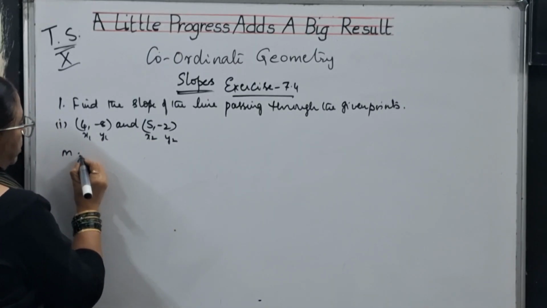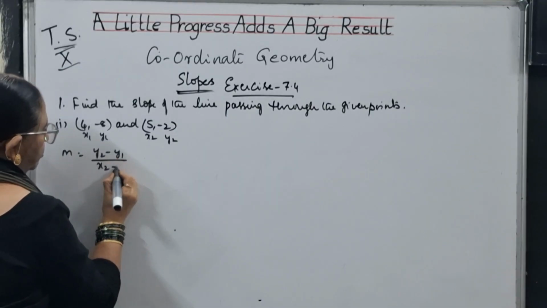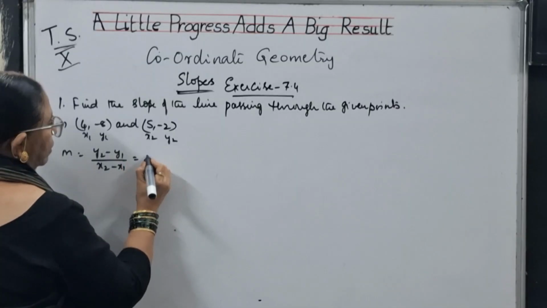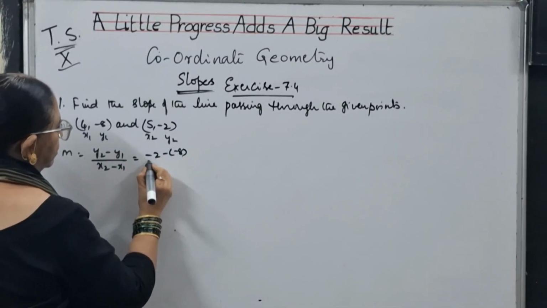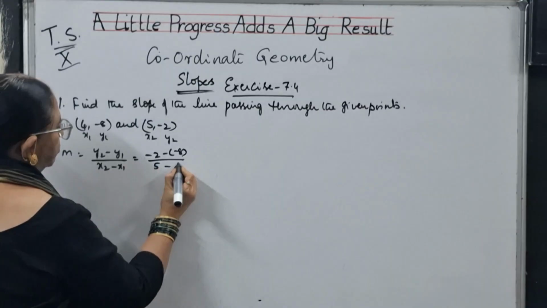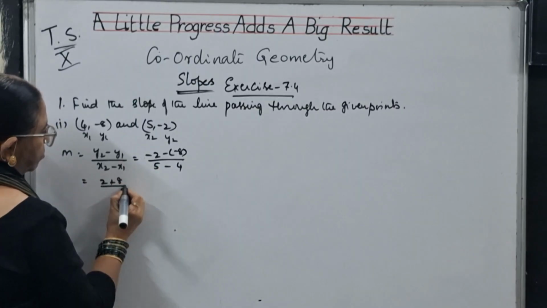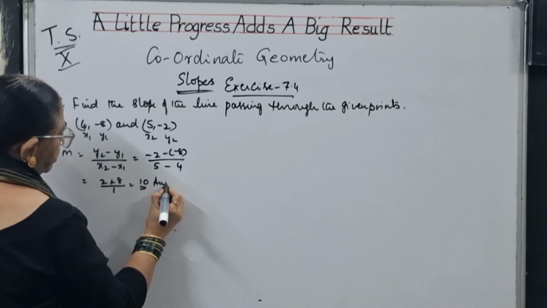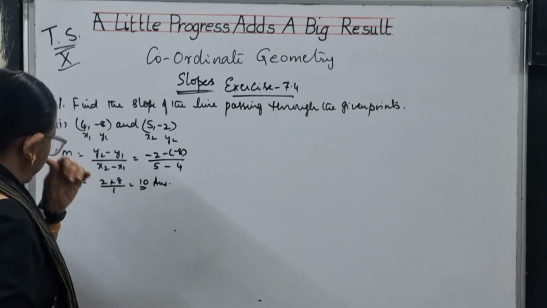So slope m is equal to y2 minus y1 by x2 minus x1. So what is y2? y2 is minus 2, minus y1 is minus 8, by x2 5, minus x1 is 4. That is equal to 2 plus 8 by 1, that is 10. Slope is 10. This is the answer for the first one, children.